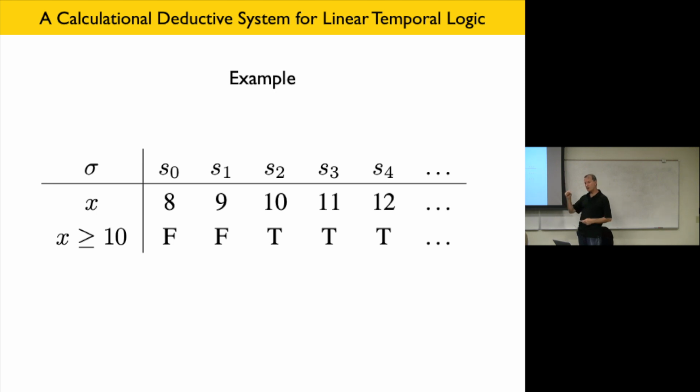Then as the value of x changes, as the computation progresses, this expression, x is greater than or equal to 10, will also change. Is everybody with me on that? At state S0, x is greater than or equal to 10 is false. At S1, it's false, but then at S2, it's true, and at S3, it's true, and so on.